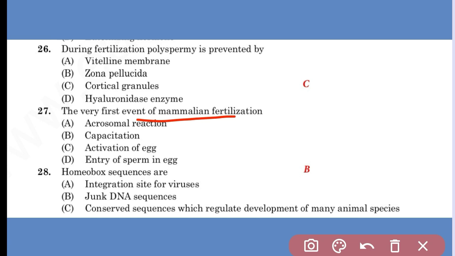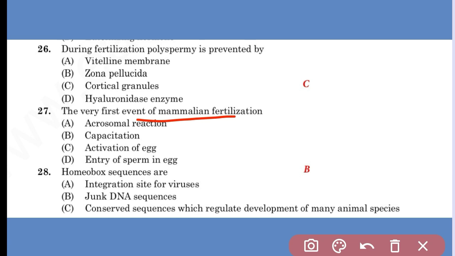Second, sperm zona pellucida binding. Third, acrosome reaction. Fourth, penetration of the zona pellucida. Fifth, sperm oocyte binding. And sixth, egg activation and cortical reaction. And seventh, zona reaction. Eighth, post fertilization events. These are the different steps which occur in fertilization.